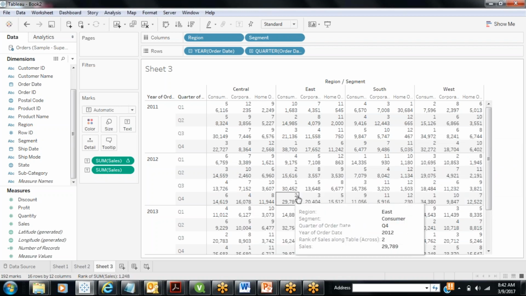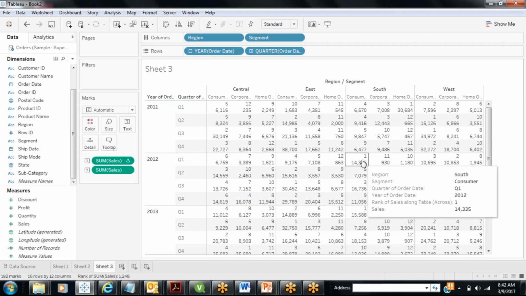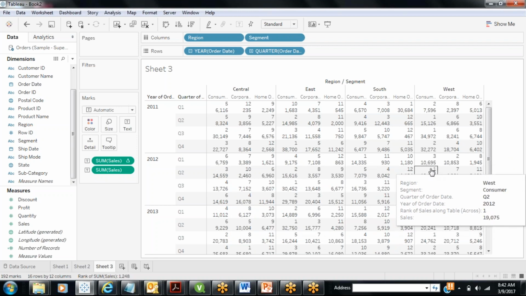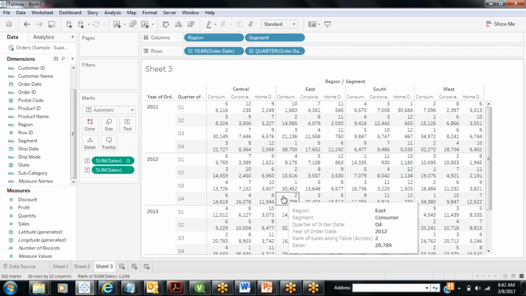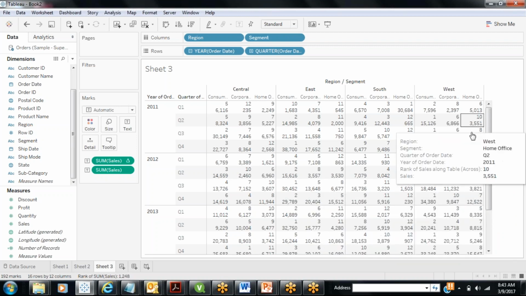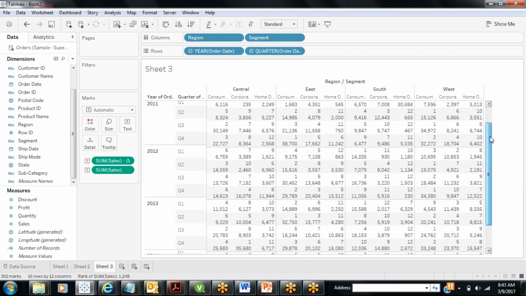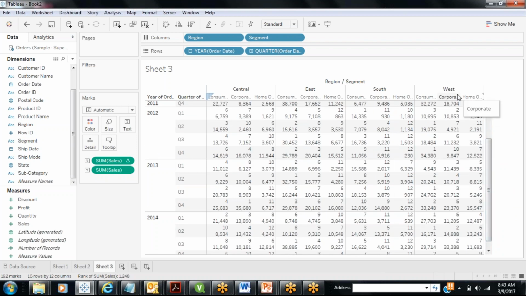And coming to 2012, you see consumer South, right? He took the first rank. And again consumer West. And again consumer East. And again consumer West. So mostly your consumer product is moving good. So this way you can understand the rank. Right? So this is how you will place it.